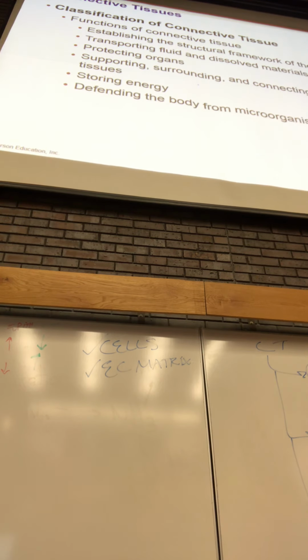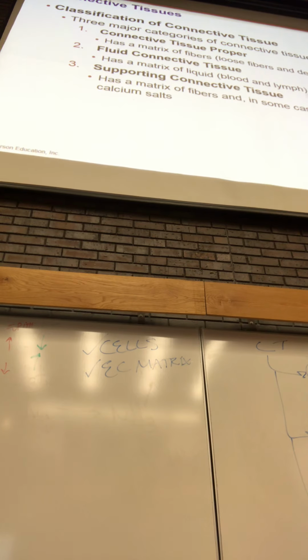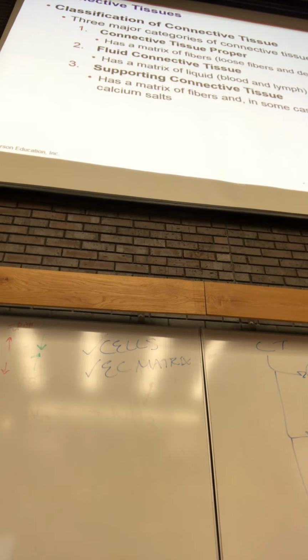If you look at this list, you see the functions here are really wide, diverse functions. And these are the three types. In connective tissue proper, cells make fibers out of protein, string-shaped material. Some of the strings are very fine and delicate.